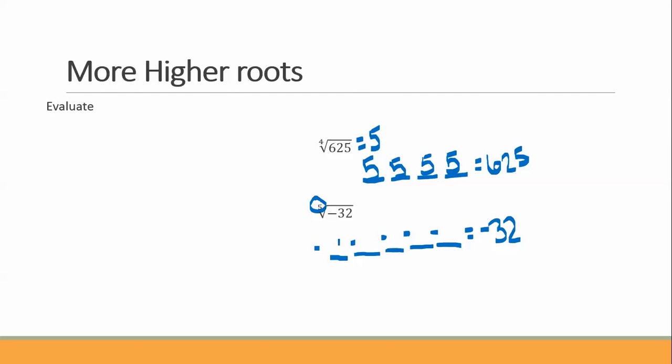And then 32 is a pretty small number, so let's start with 2 and see if that works out. 2 times 2 is 4, times 2 more is 8, times 2 more is 16, times 2 more is 32. So that is true. -2 to the 5th power, notice the -2 is our base and the 5th is the power, is equal to -32. So that means that the 5th root of -32 is -2.